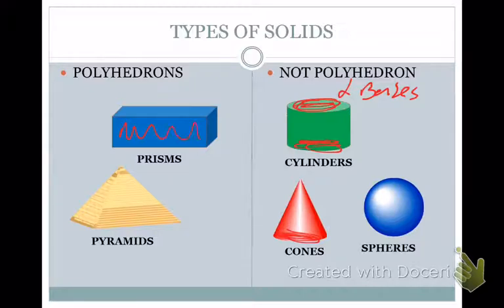The front and the back could be your bases because they're parallel and congruent. Okay? Now in pyramids, there's only going to be one base, and that's this guy here. Okay? This guy here is a rectangle, and it's the base. And the base in a pyramid is always the face that's opposite the vertex, the corner that it comes to. Okay? We're going to use those bases to identify the names of our polyhedrons.